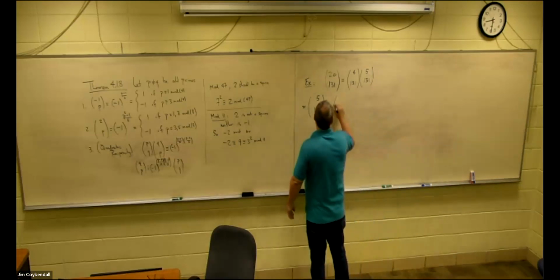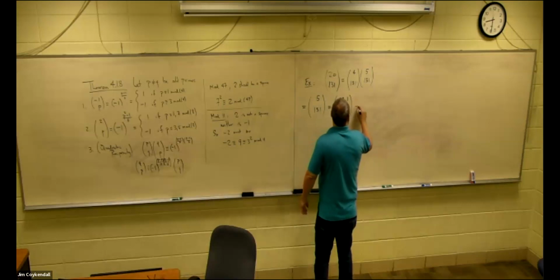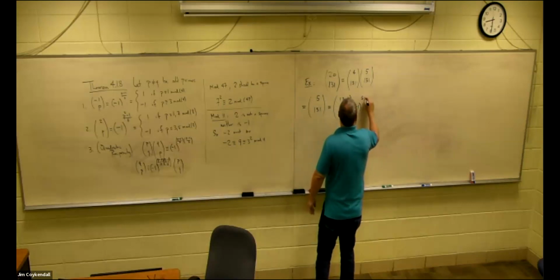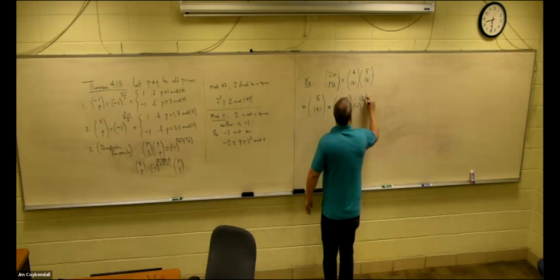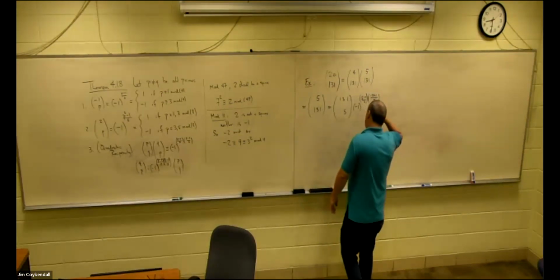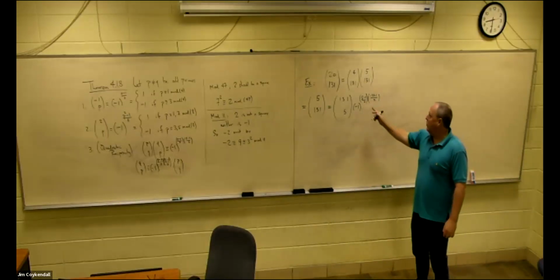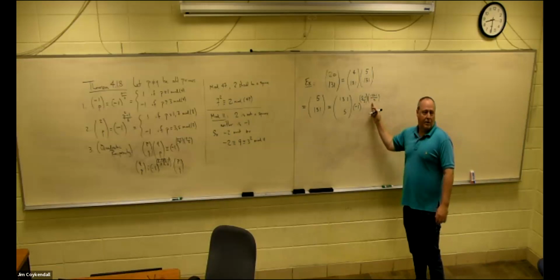And this should be (131/5) times (-1)^((5-1)/2 times (131-1)/2). Of course, both of these things in the product have to be integers, right?